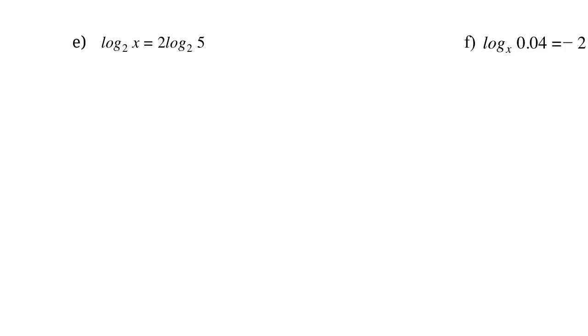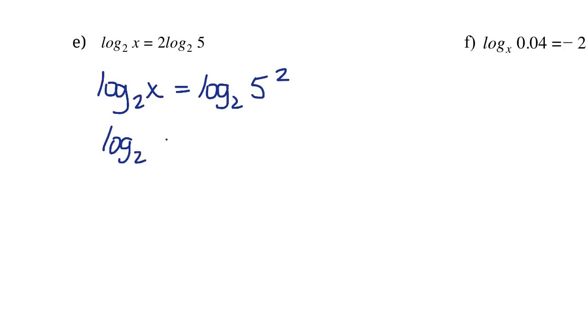Well, remember, one of our rules of logs is that if there's an exponent inside the log, we can bring it down in front. So we can do the opposite too. If there's a number in front of our log, we can actually bring it up to the exponent. So I could rewrite this as log base 2 of x is equal to log base 2 of 5 squared, right? And then I can simplify that.